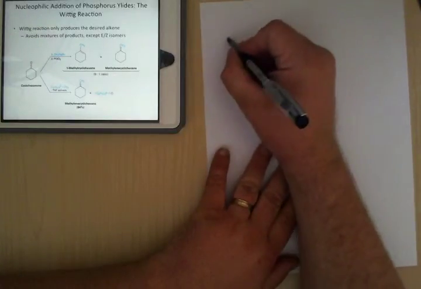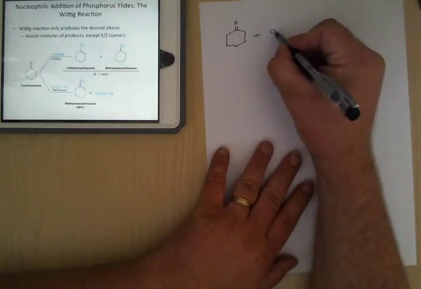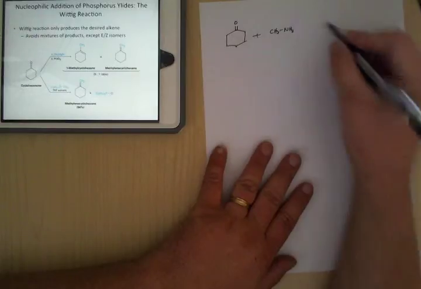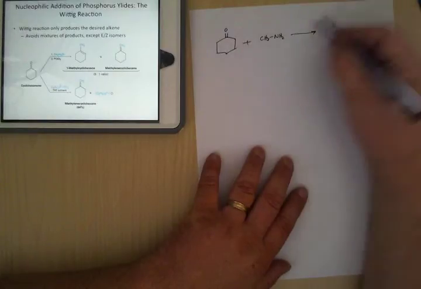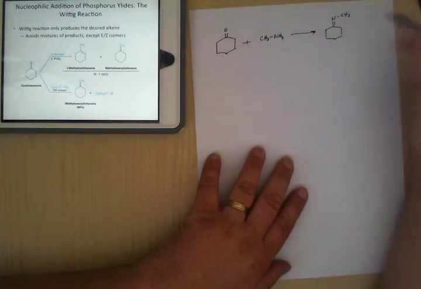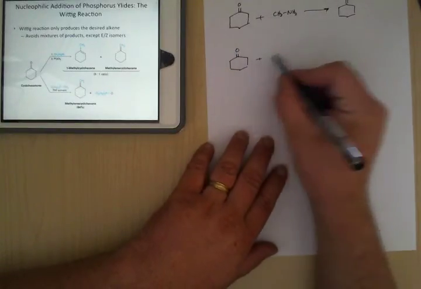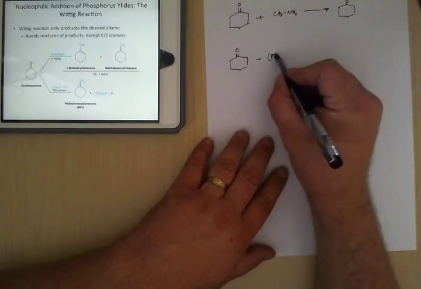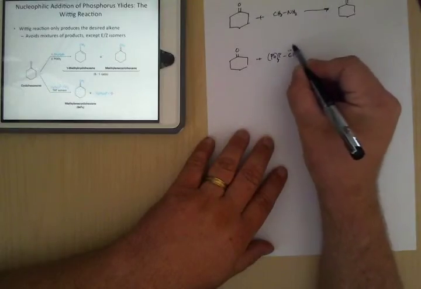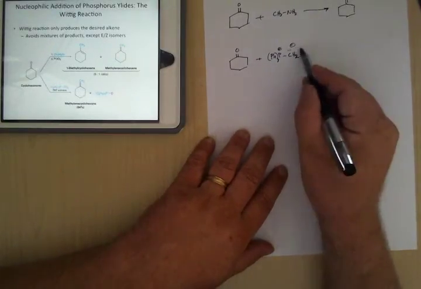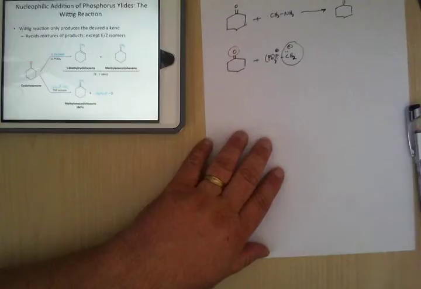So if you had this and you had CH3NH2, you would leave that, because there are two carbon-nitrogen bonds working there, and you would get that. The same happens with the ylide. With the triphenylphosphine, this carbon group is going to replace that oxygen there.